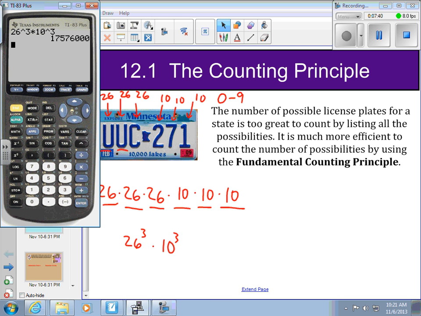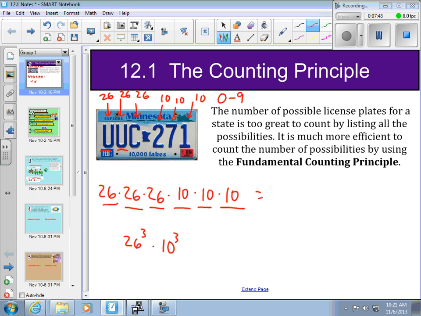We would have a total of 17,576,000 different ways. So a lot of possible license plate combinations, which is more people than live in Minnesota, so there's plenty to choose from.